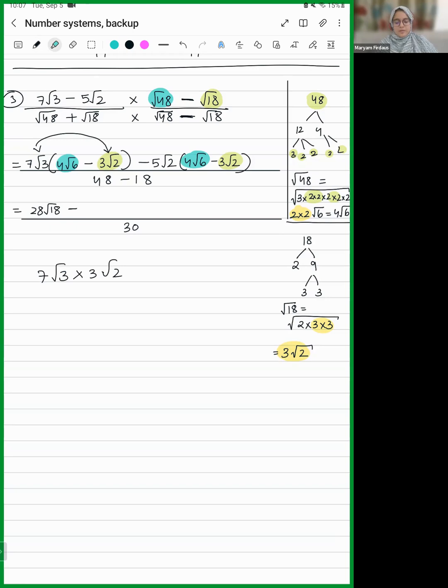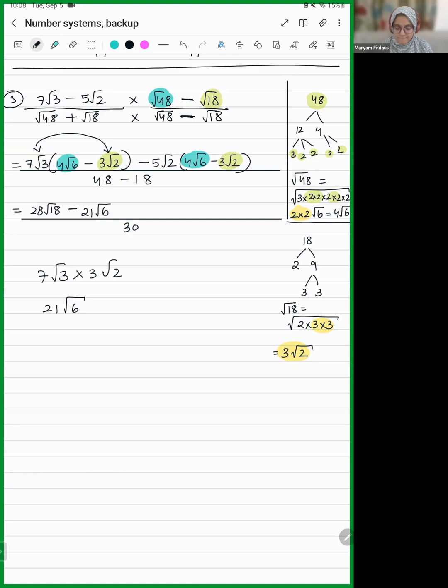What will this become? 7 root 3 multiplied by 3 root 2. Yes, Avni, you can say your answer. First we'll do 7 into 3, which is 21. And then we'll do root 3 into 2, and that is 6. So this becomes 21 root 6.